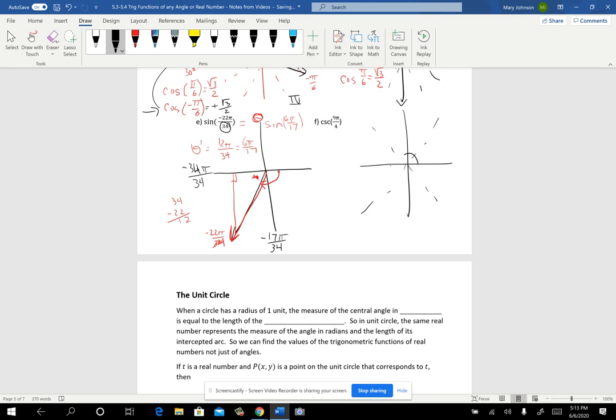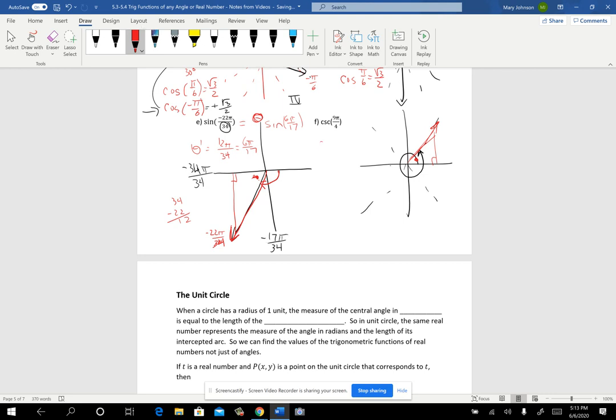I know all the way around would be 8 pi over 4, so 9 pi over 4 is just right there. That means the reference angle I'm dealing with is this guy, right here. And that was just pi over 4 past the one full rotation.